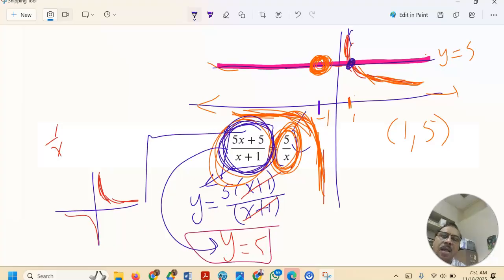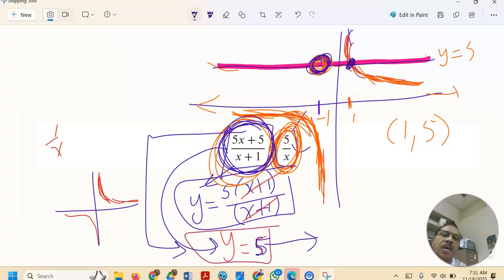So this and this represent almost the same thing, except it is undefined. This is the whole horizontal line, and this is a horizontal line except at -1, where it is not valid. There is a lot of mathematics there. If you go deep, we call it a hole.